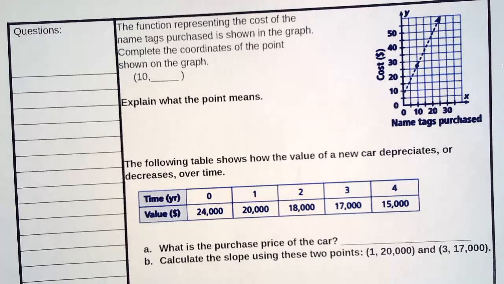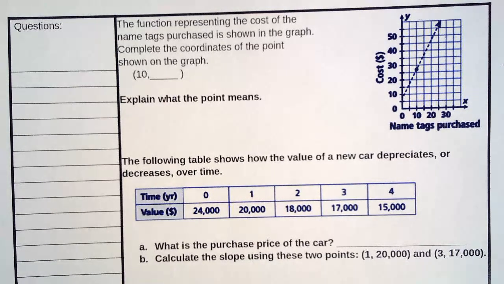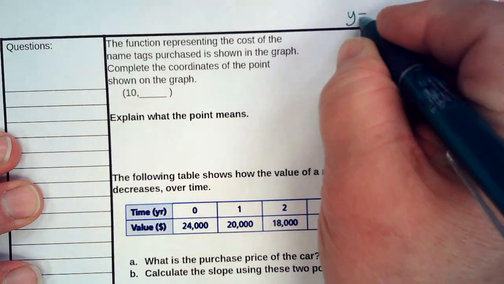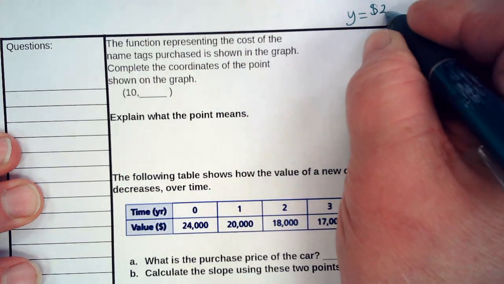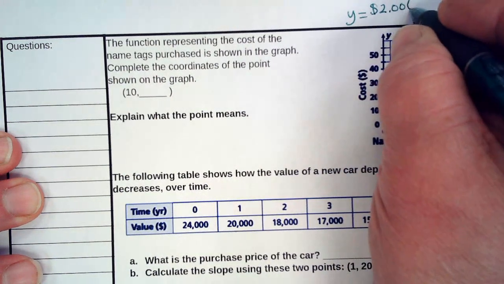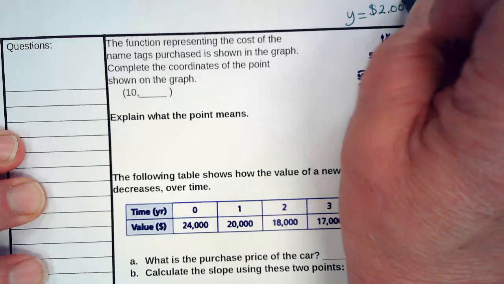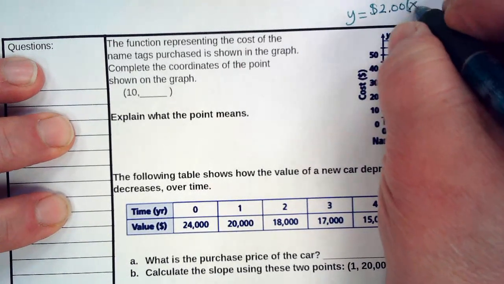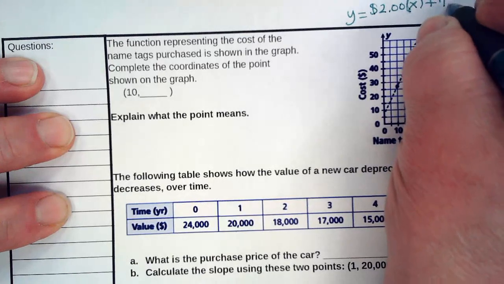This function representing the cost of the name tags purchased is shown in the graph. Complete the coordinates of the points shown on the graph. So we know this is the function y equals $2 times x plus $7.